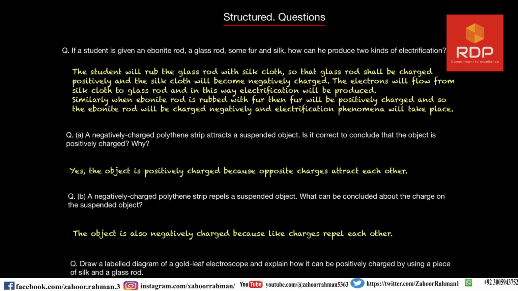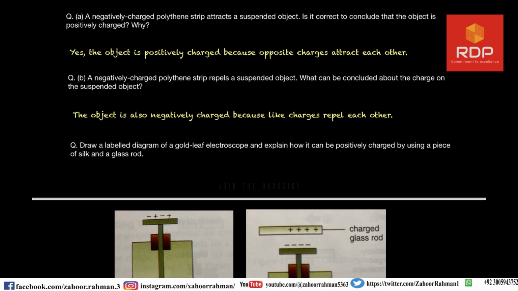It is said in advance that the polythene is negatively charged, so the other object must also carry a negative charge. So we can conclude the object is also negatively charged because like charges repel each other. This is the answer of B part of question number 2.